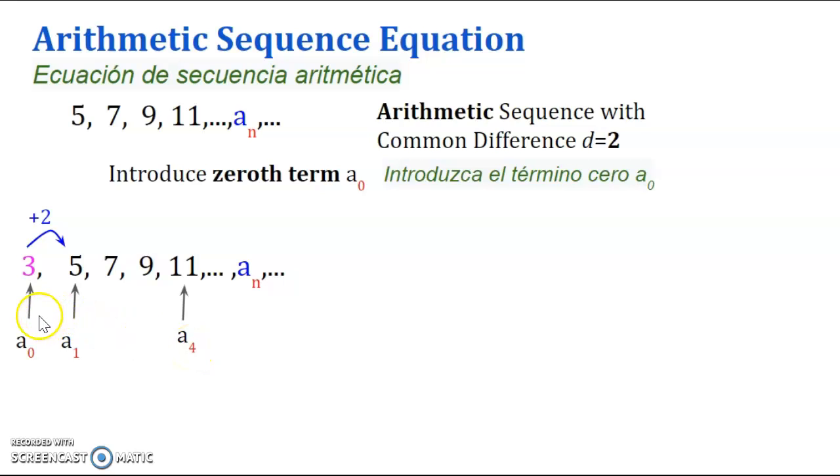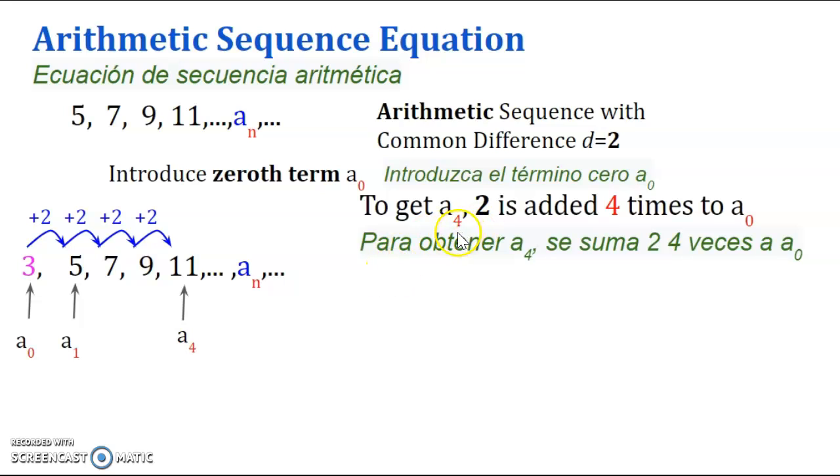Now let's consider the fourth term. How did we get the fourth term from the zeroth term? Well, from the zeroth term, the common difference of 2 is being added 1, 2, 3, 4 times. Or we can say that to get a sub 4, 2 is added 4 times to a sub 0.